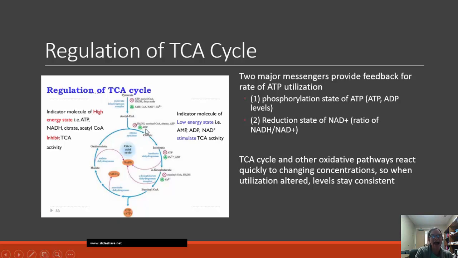Counter to that, though, if we have a high ADP, then our cell's going to say, oh, let's keep running this thing, let's make some energy, and it's going to stimulate this enzyme. And just like any of our other biological processes, our bodies are very adept at sensing quickly changing concentrations and reacting to them in order to maintain homeostasis.